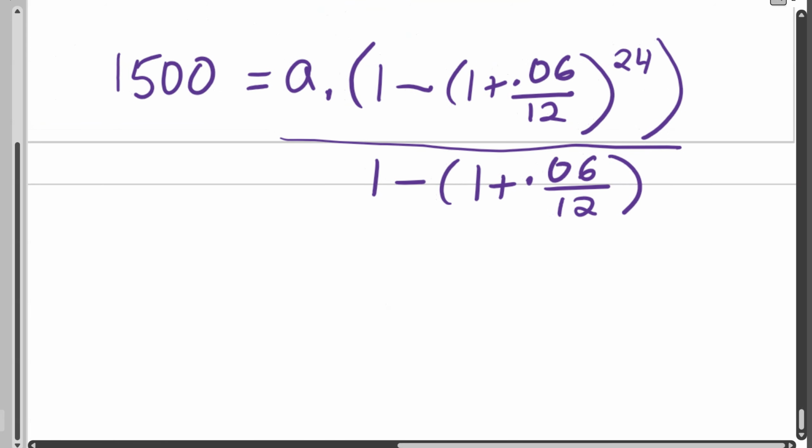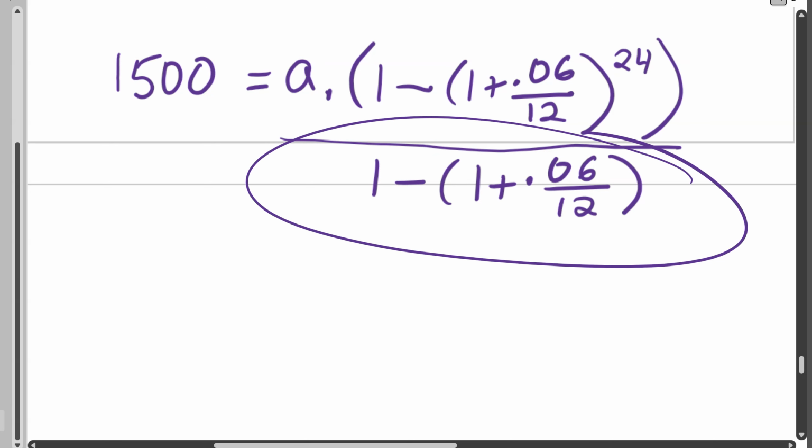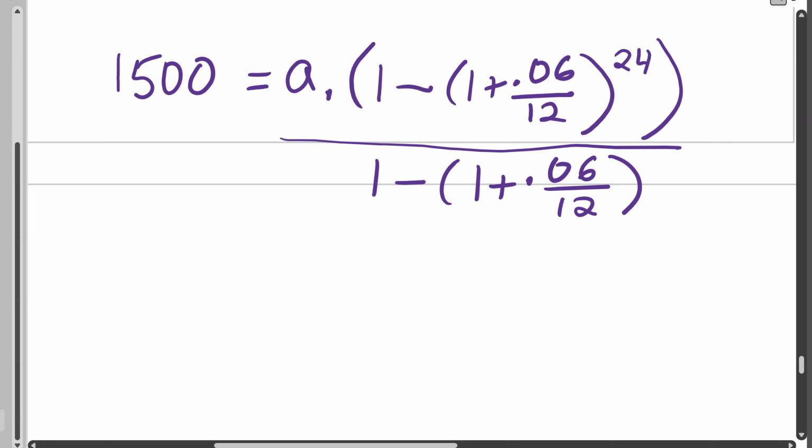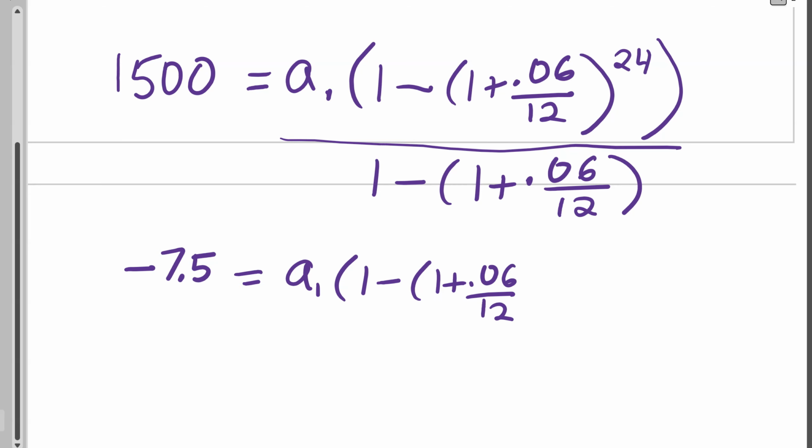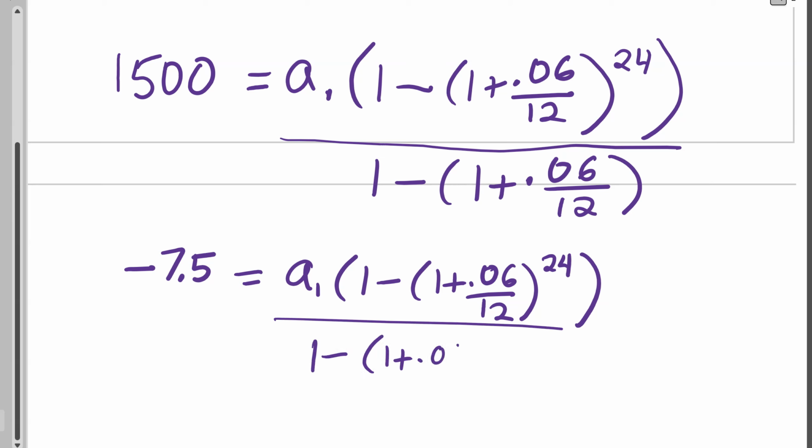If I multiply that denominator over to the other side, so I'm going to take this, multiply to the 1,500, I would get negative 7.5 equals my first term times 1 minus 1 plus 0.06 divided by 12 raised to the 24th. And then all I would have to do is just divide this number out from both sides.